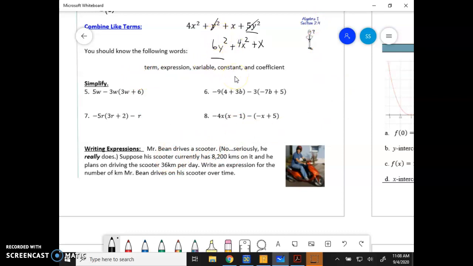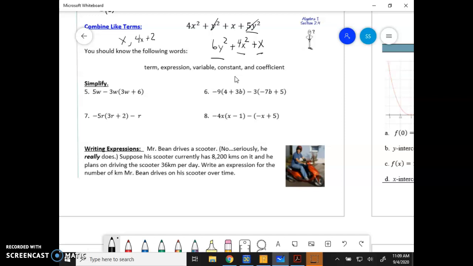So like this is just one term, this is just one term, and this is another term. An expression could just be a single thing like x, or it could be 4x plus 2. It's just a different expression. So it could be something short, it could be something long. A variable is just like x, y, p, q, any letter to stand in for a number.